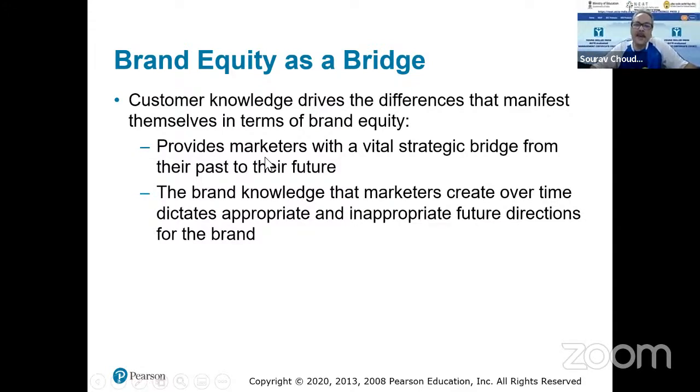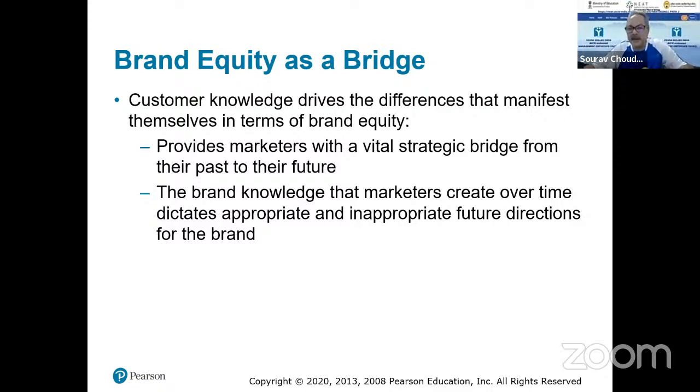It provides marketers with a vital strategic bridge from their past to their future. All marketers would like the brand to change its status from today to tomorrow, from the past to the future. There has to be a change in status, and brand equity helps that.